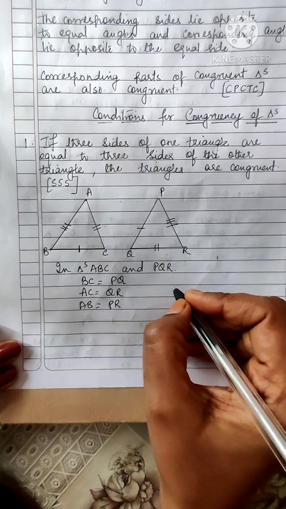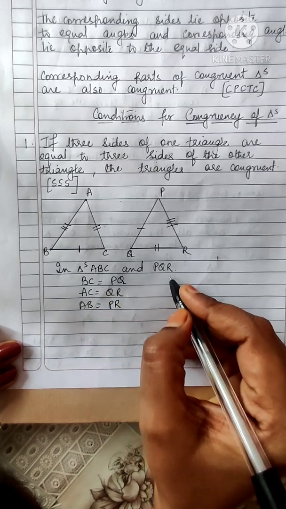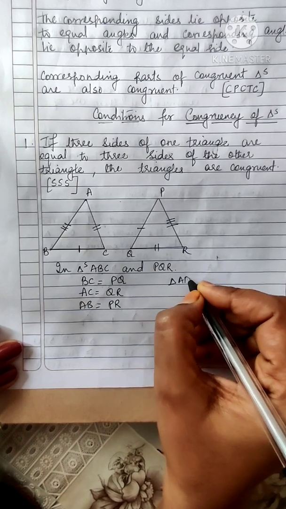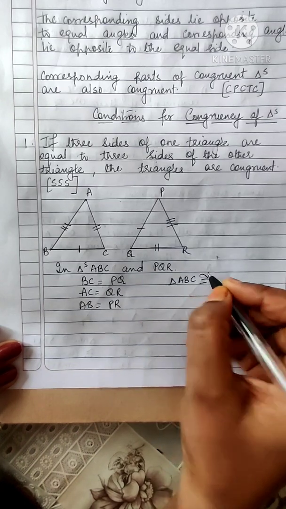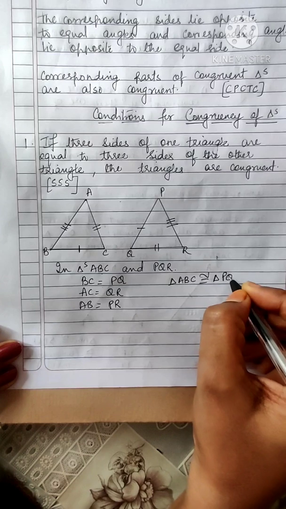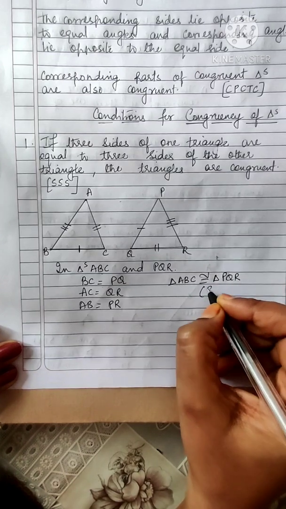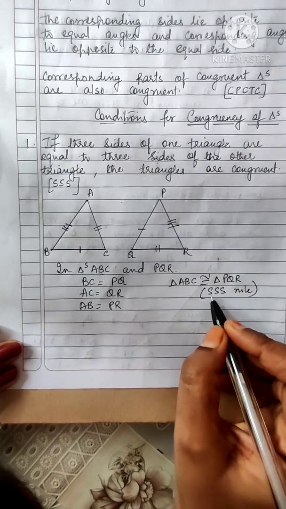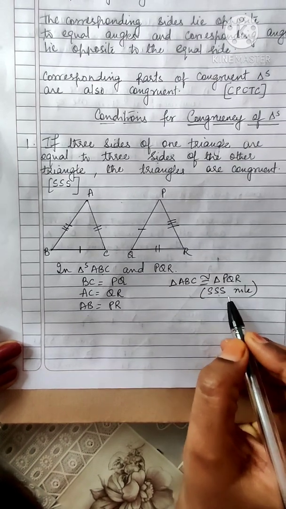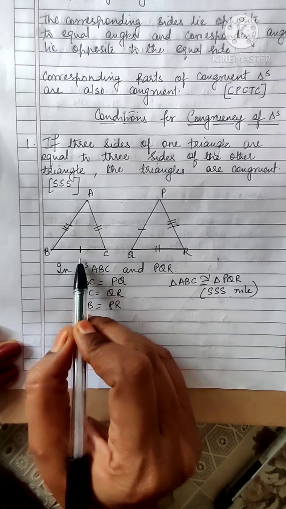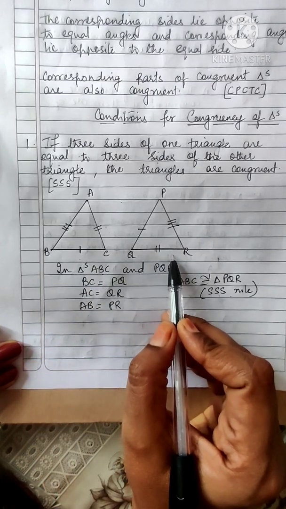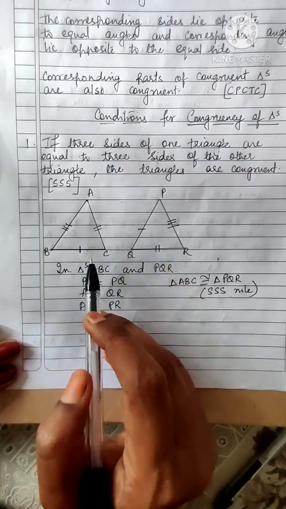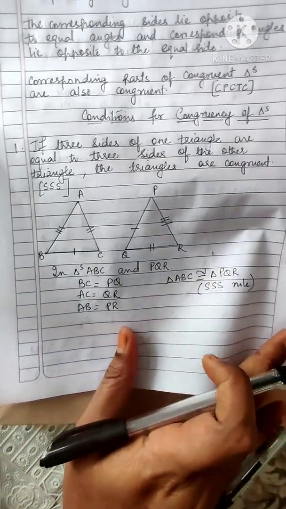Since 3 elements of triangle ABC are equal to 3 elements of triangle PQR, triangle ABC is congruent to triangle PQR. By which rule? It is by SSS rule. SSS means side, side, side. 3 sides of one triangle are equal to 3 sides of the other triangle. So automatically they become congruent to each other.